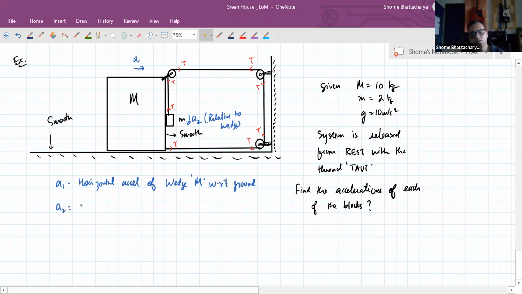So a2 is the downward acceleration of the block small m relative to the wedge.